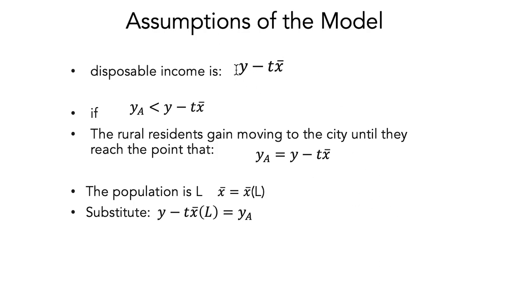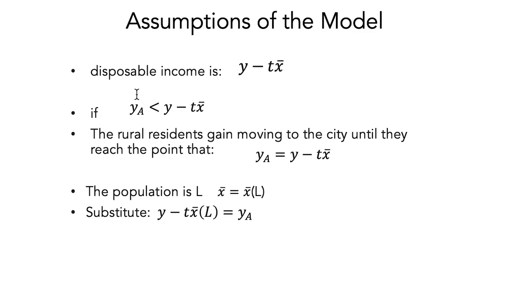So let's talk a bit about the assumptions of the model. If you recall, from the budget constraint of the consumer, this is the disposable income, Y minus the commuting cost. With this, the consumer will be able to buy bread and housing. But right now, we need to compare the income in the city with the income in the rural area.